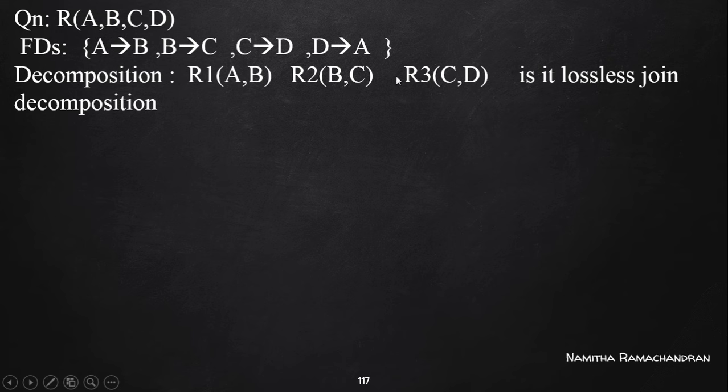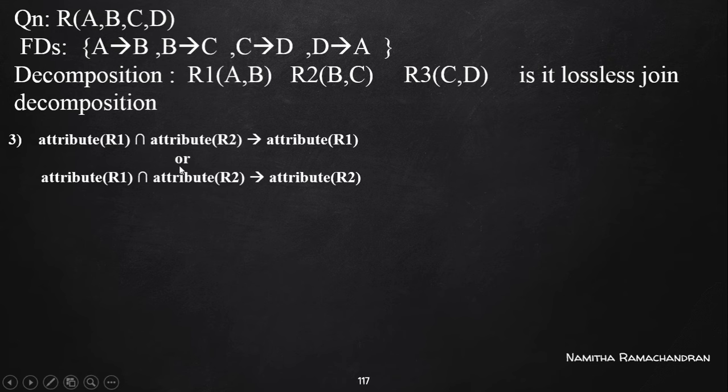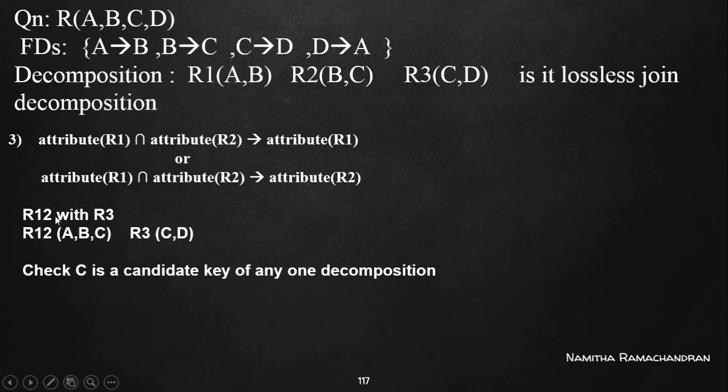Now we can combine these two together and form R12. R12 contains attributes A, B and C. This combined relation R12 we need to consider with the remaining decomposition R3 of C, D.